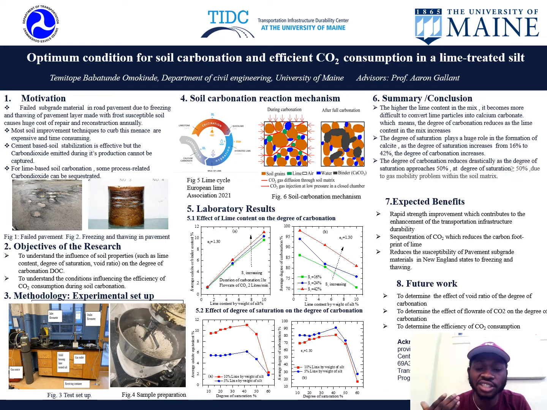It enhances the degree of carbonation because more lime is going to be dissolved into the water. More water is going to be available for the dissolution of lime, so it enhances the formation of calcite. But at a saturation rate of 50% or above, the CO2 finds it difficult to move through the soil matrix, creating a gas mobility problem.